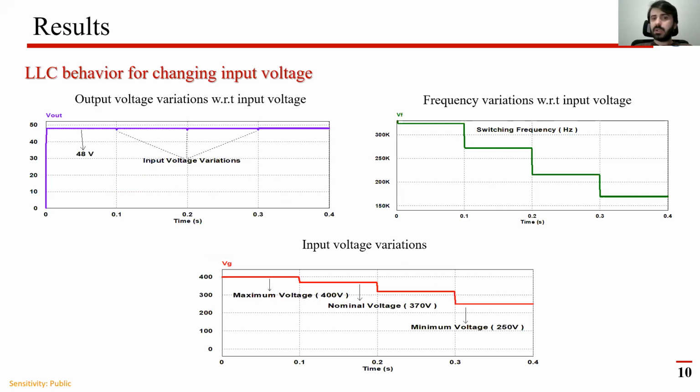Yes. I found that your output voltage is fixed to 48 volt, and from this slide I saw that maybe using a conventional DC-DC and isolated type of converter can be a good idea. Thank you for your presentation.